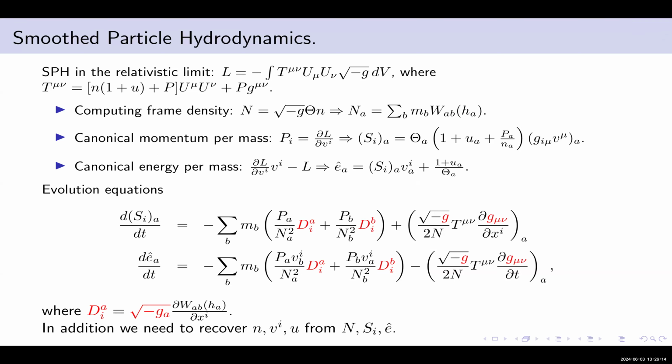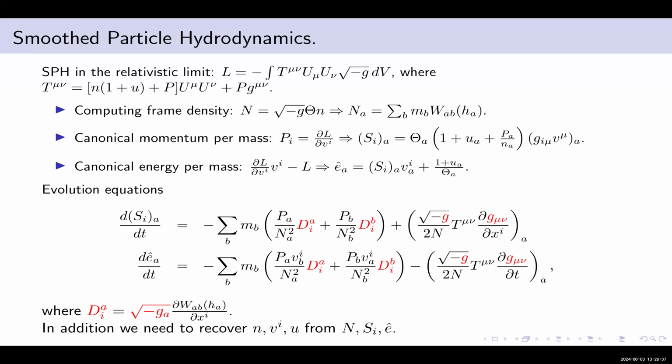What I showed you before for SPH was in the Newtonian limit, and in the relativistic limit, you can also write down a Lagrangian, which is a bit more complicated. You have the stress energy tensor, the four velocities, and the square root of the determinant of the metric.